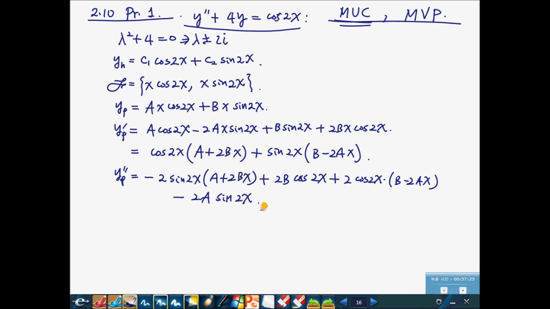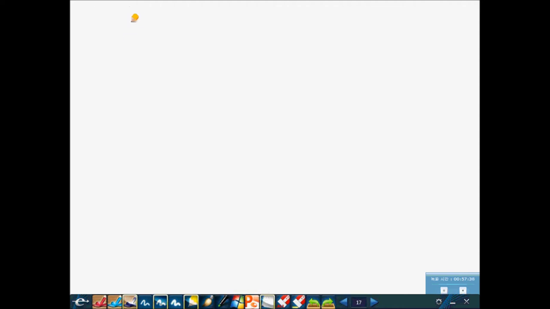Okay? And you plug it in and you compare. Let me move on to a new page. 4b times cosine 2x minus 4a sine 2x, which is cosine 2x.